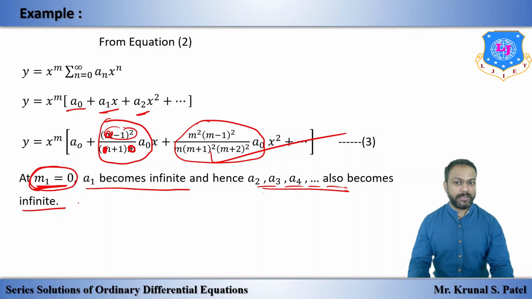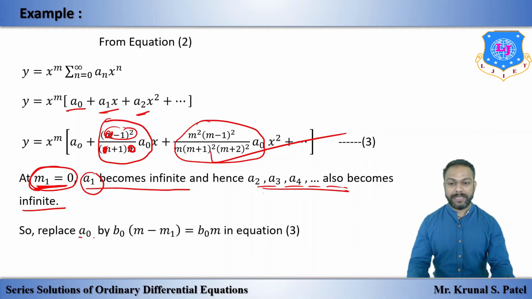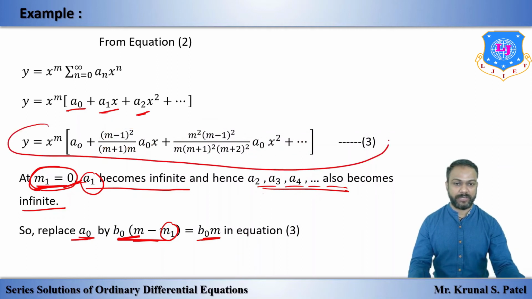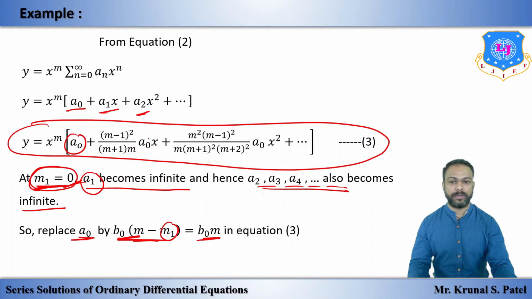And as we told, if some coefficient becomes infinite for the smaller root, then we will replace a0 by b0 plus b0 into (m - m1). m1 is our 0, so we will replace a0 with b0 m in equation number 3, that means in this trial solution. Here we will replace a0 with b0 m.